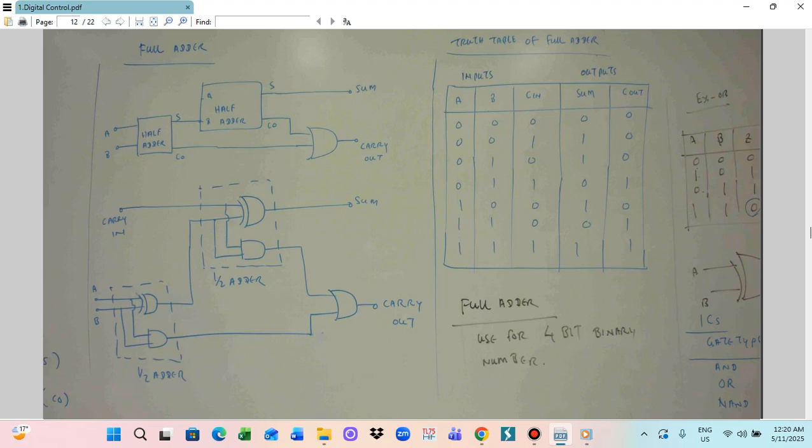In this case you can physically construct it. You need an XOR gate, which means you need a 7486 IC, the AND gate you need a 7408, and the OR gate you need a 7432 IC. You make the combination by constructing, and you can determine the output for some required mathematical function.